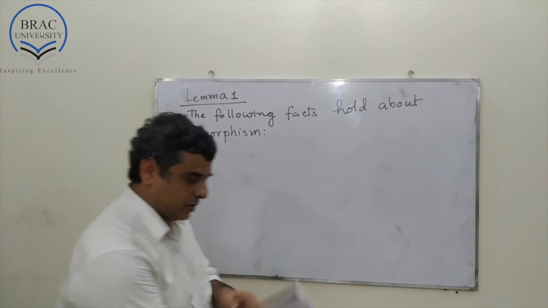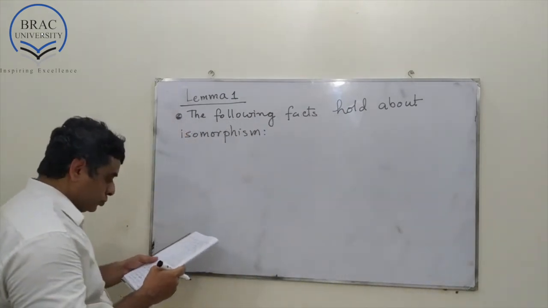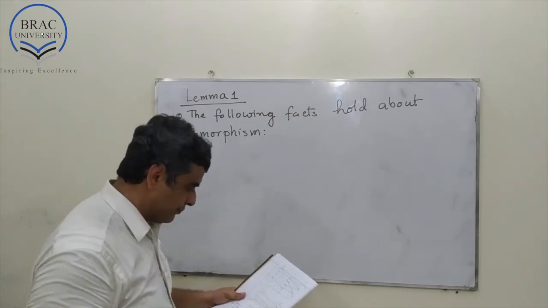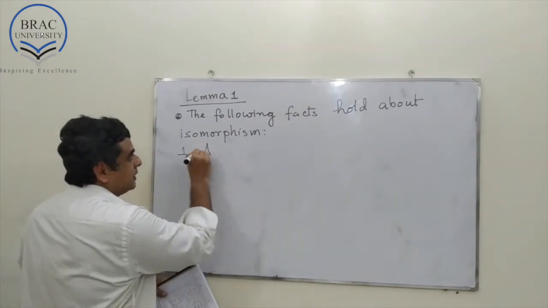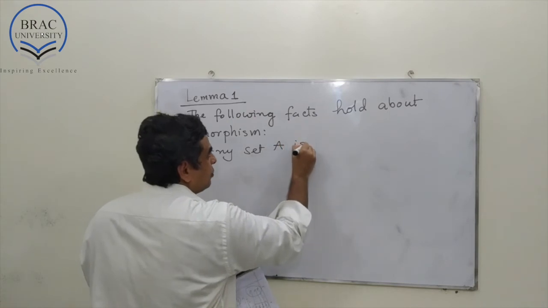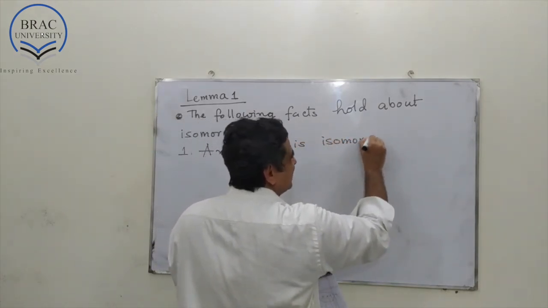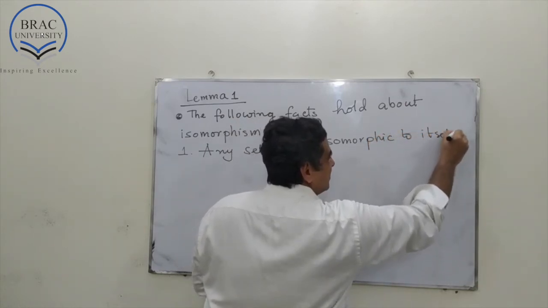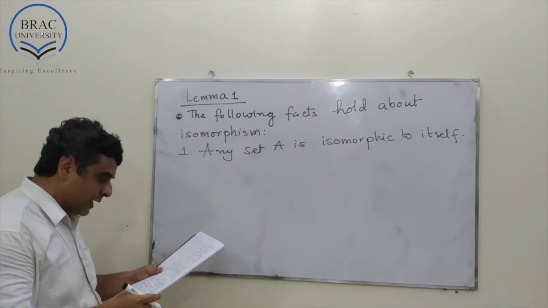One: any set A is isomorphic to itself. It's a very trivial statement. You should be able to understand it right away.